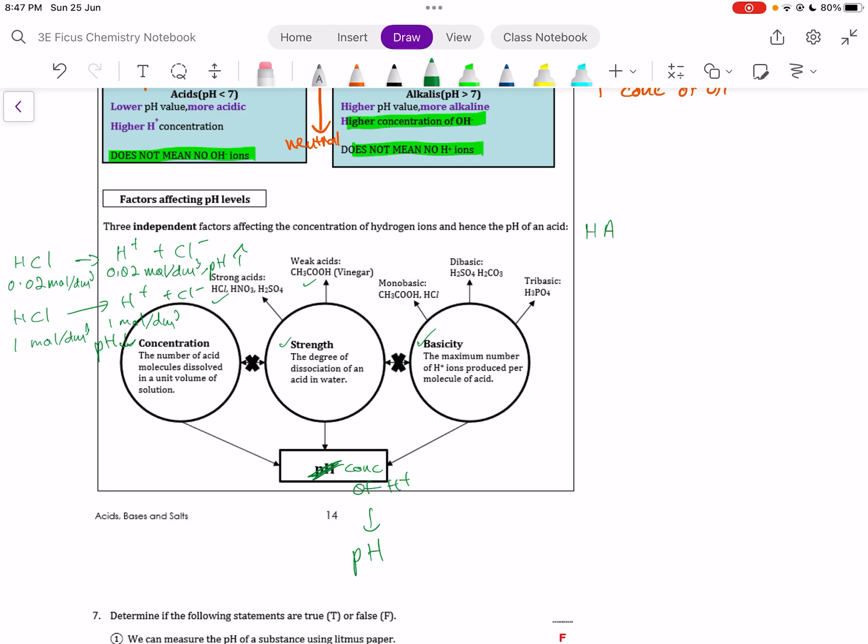Actually, all this one means partially dissociate. This weird looking double headed arrow, A minus. Then I have something like HCl, one headed arrow, fully dissociate.